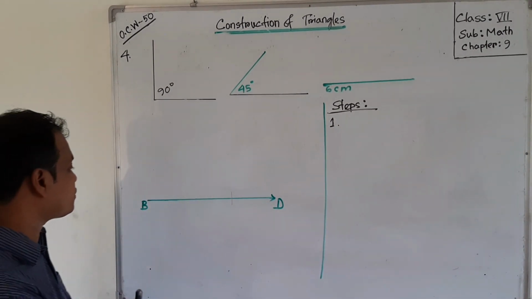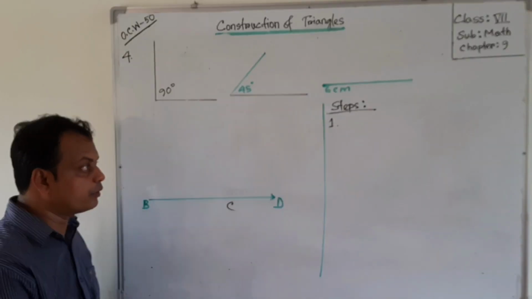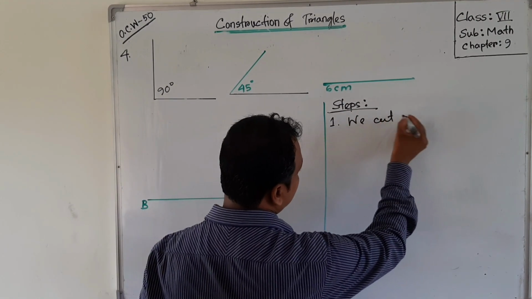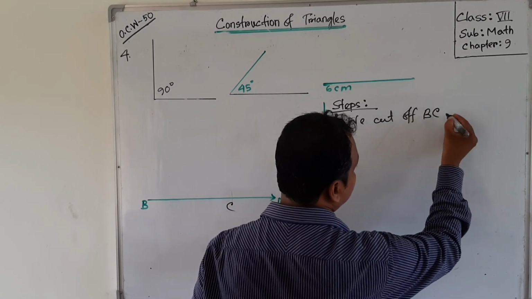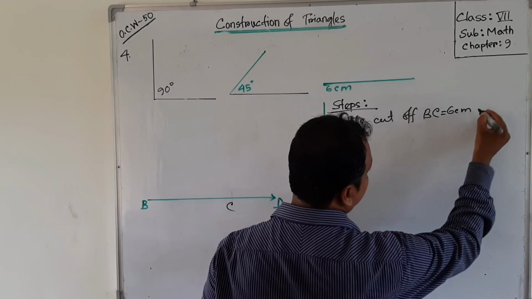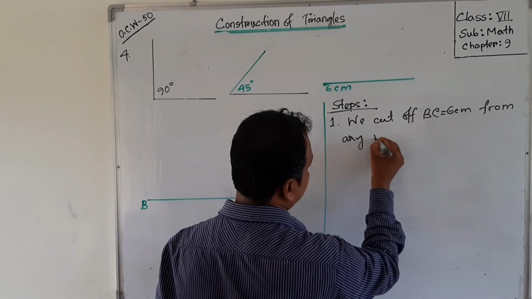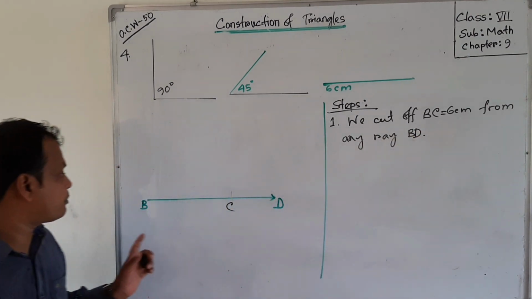I think all of you have got this one. Name of this point will be C. So what you have drawn? We cut off BC equals to 6 centimeters from any ray BD. So this is the first step we have completed.